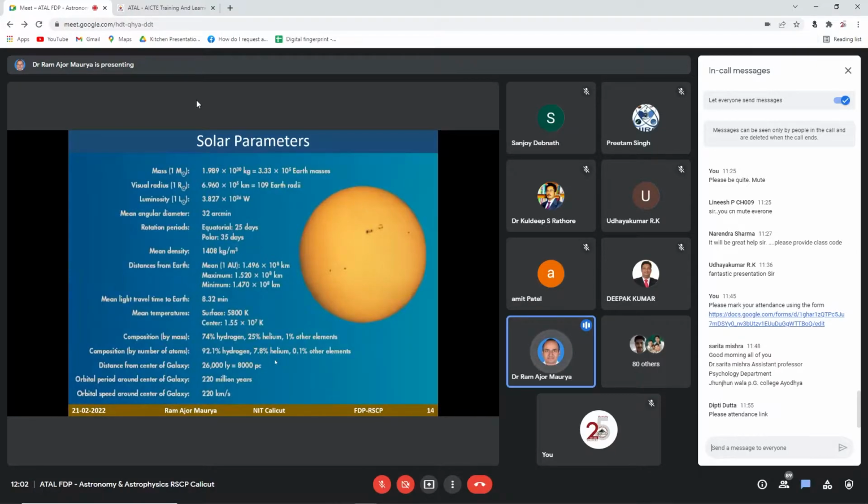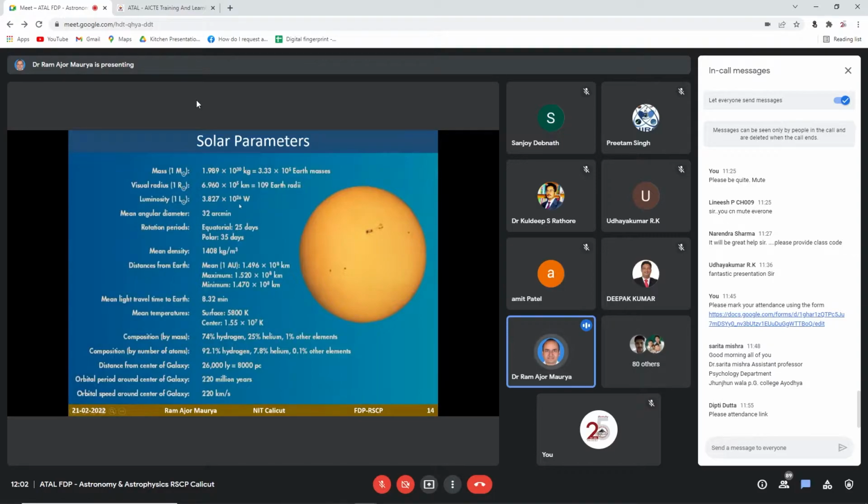Here we have some physical parameters you may be interested in. For example, the mass of the sun is 1.98 into 10 power 30 kilogram. This is 3.33 into 10 power 5 times the mass of the Earth. The radius of the sun is 696 megameter.